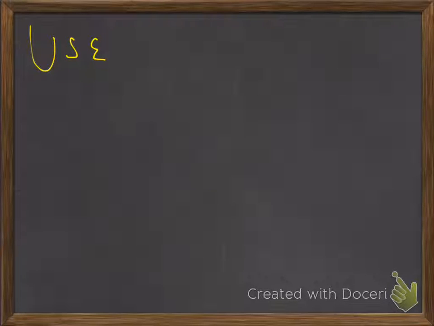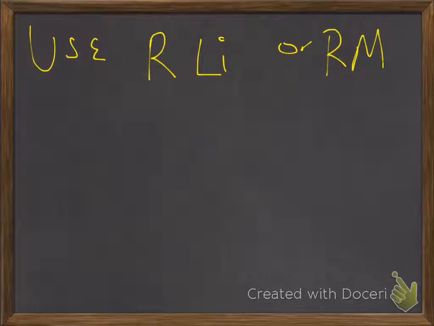So you can use the organolithium or the Grignard reagents. Remember, the Grignard reagent usually has a spectator anion, like chloride, bromide, or iodide, alongside just to counterbalance the charge.